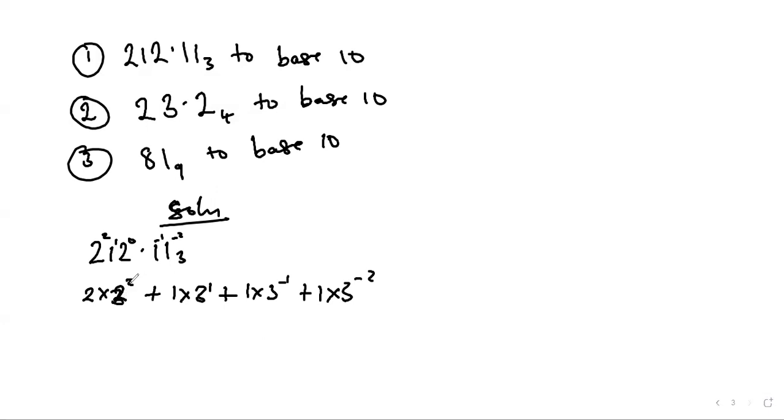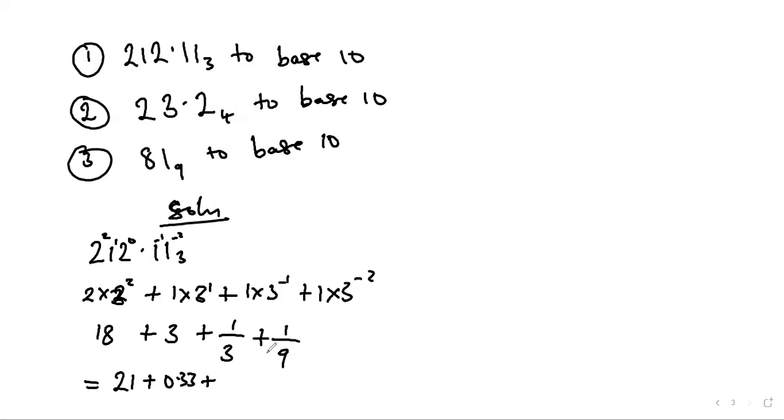So 3 raised to the power of 2 is 9. 9 times 2 is 18. 1 times 3 is 3. Plus 1 over 3 plus 1 over 9. That's 1 over 3 raised to the power of 2, and 3 raised to the power of 2 is 9. So 18 plus 3 would be 21, plus 1 over 3. 1 over 3 is 0.3333.